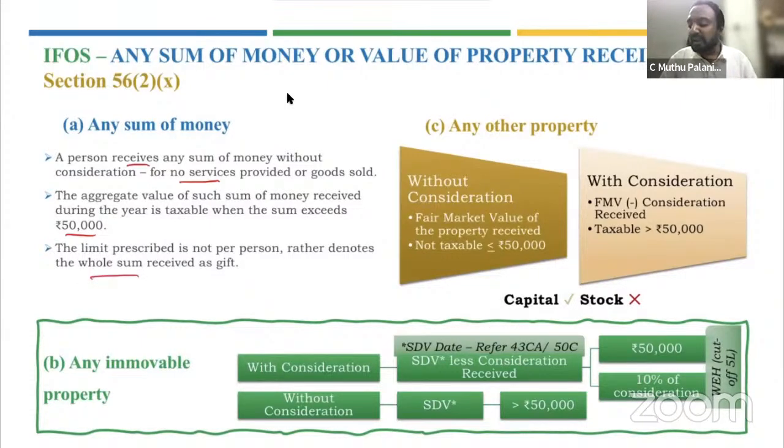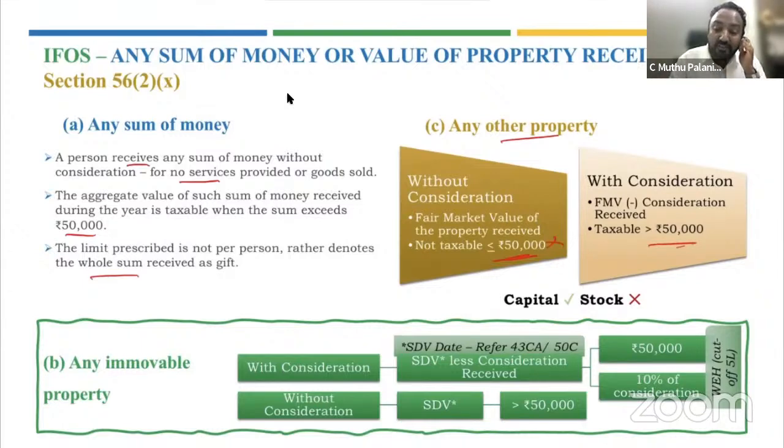And in case of any other property, that is other than immovable property, if it is without consideration, whatever is the fair market value will be treated as gift. But if the fair market value is not more than 50,000, then it is not at all a gift. Then it is not at all taxable. If you are receiving some consideration, then fair market value minus consideration received. If that is more than 50,000, it is considered.